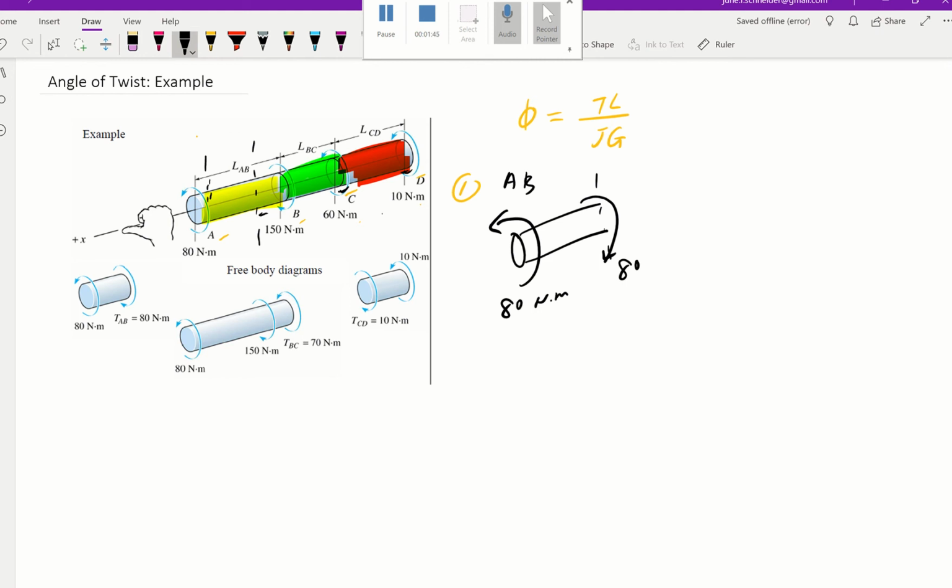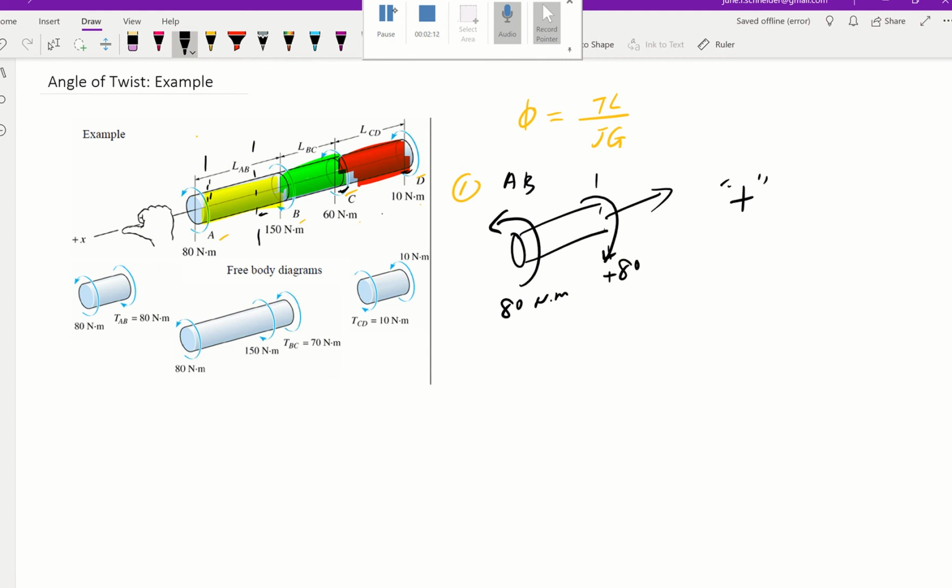To determine if this internal torque is positive or negative, use your right hand rule. Forefinger going around, you will realize your thumb is pulling to the outside. It's outward, and outward is positive. That's our sign convention for internal torque. So that's going to be positive 80.